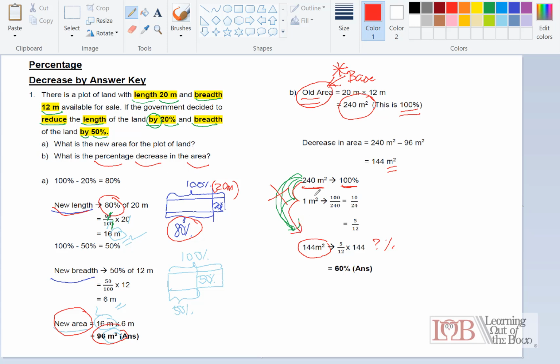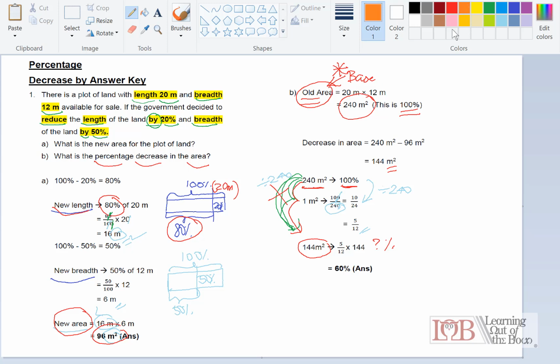To go to 1, you take 240 divided by 240. Same thing here, divided by 240. That's why you can see me doing this. Then simplest form, 5 over 12.